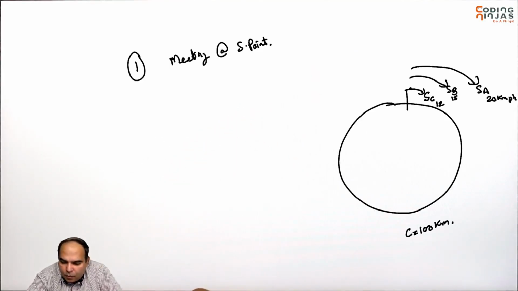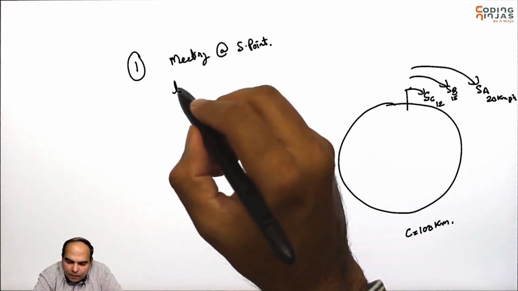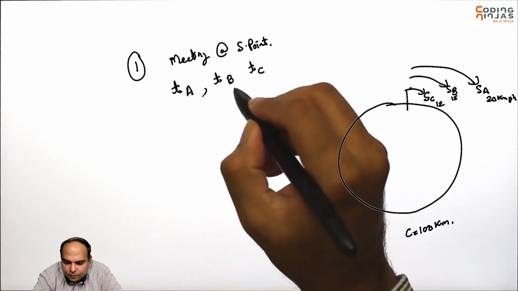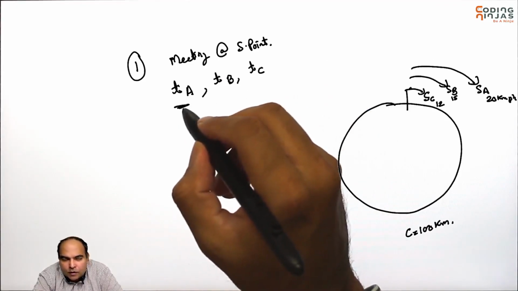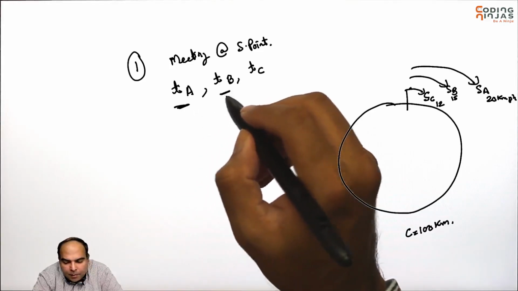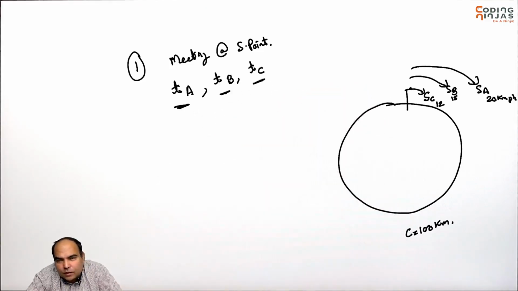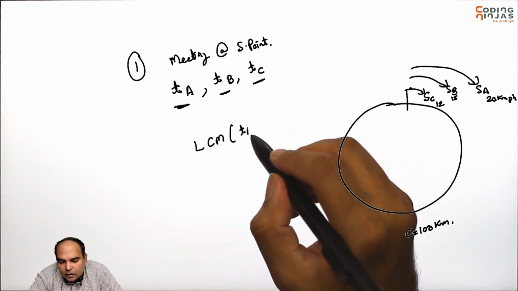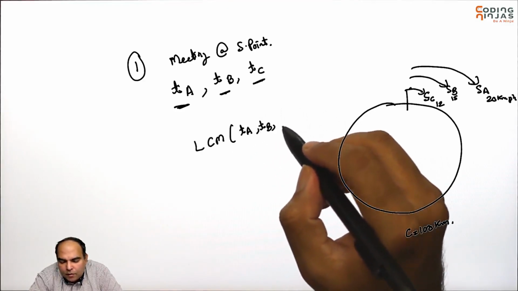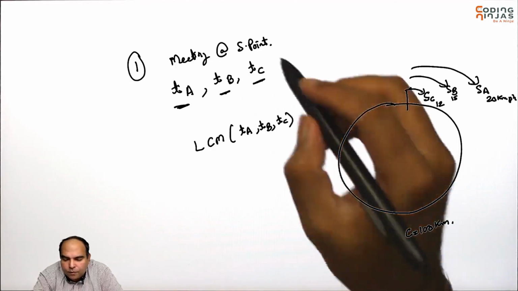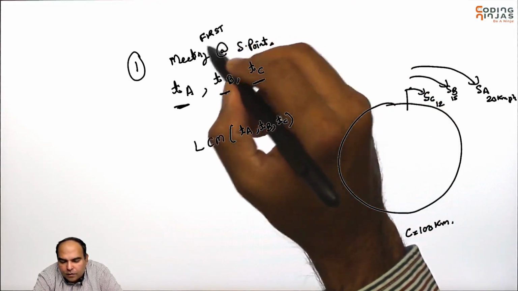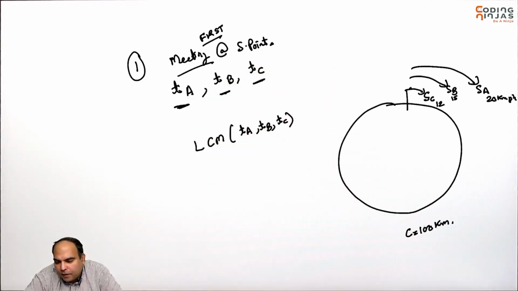For that, you have to derive TA, TB and TC. Remember, TA is the time taken by A to cover the circle, TB is the time taken by B, and TC is the time taken by C. Then the LCM of TA, TB, TC is the time taken for them to meet for the first time at the starting point. This has to be importantly added: the first meeting at the starting point will happen at the LCM of TA, TB, TC.